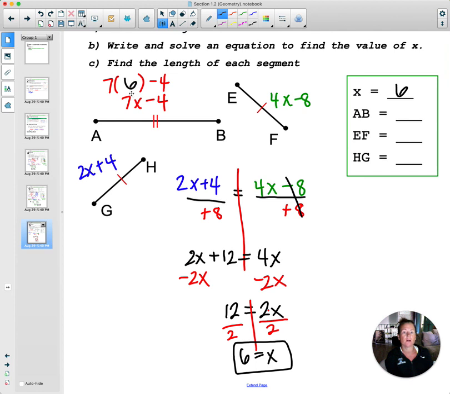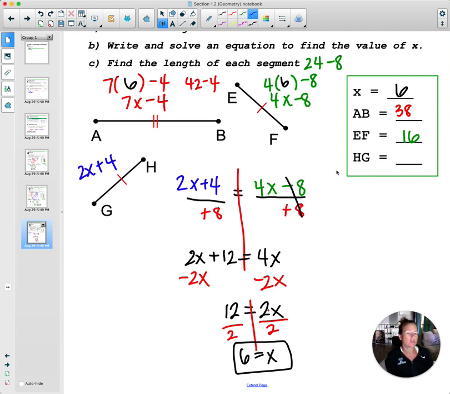So 7 times 6 is 42, minus 4 is 38. We'll plug it into EF. So 4 times x minus 8, x being 6. So we get 24 minus 8, so we get 16. So now we know HG should be 16.